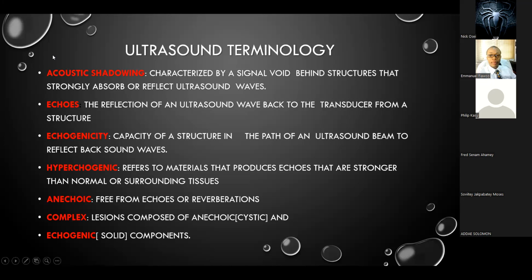So the first one to look at is what we call acoustic shadowing. Acoustic, I'm sure you all know, has to do with sound or hearing. And shadowing, of course, you all know. It's characterized by a signal void behind structures that strongly absorb or reflect ultrasound waves.